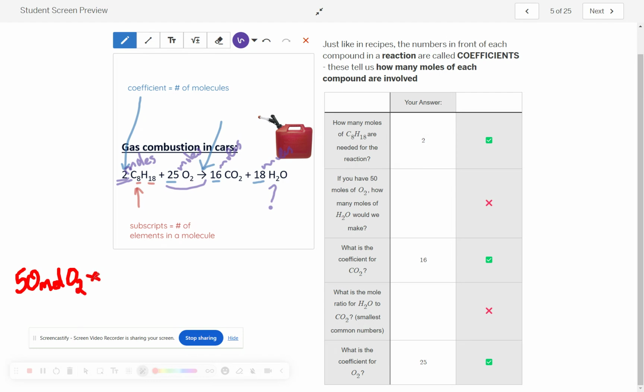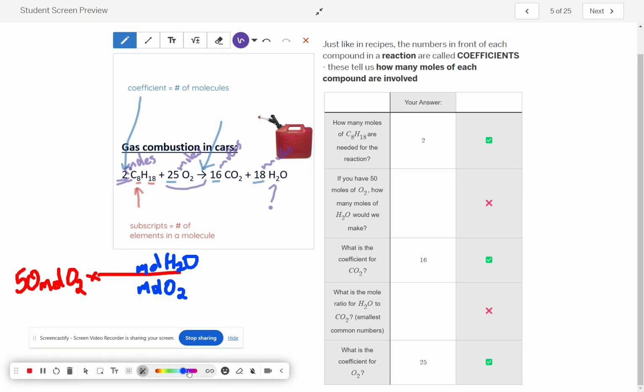Remember this formula. And we're going to set up our bar. And then in our bar, we are going to put what our reaction is telling us. So I started with moles of O2, so I'm going to put moles of O2 on the bottom. And then our problem tells us that we need moles of H2O. So our need goes on top. So the same thing you've already done. And then we're going to use the reaction to actually tell us the numbers.